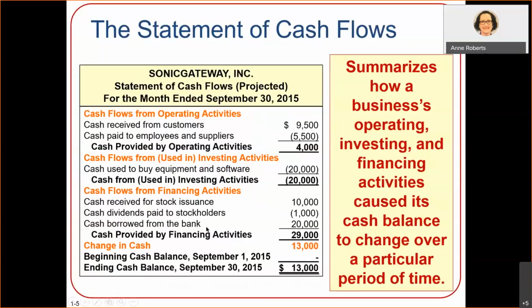The only exception here is when we're talking about money back and forth from the bank, anything that is interest on a loan would be up here in operating activities, because that would be considered interest expense. And anything that's a revenue or an expense has to go up here in the operating section of the cash flow statement. Okay.